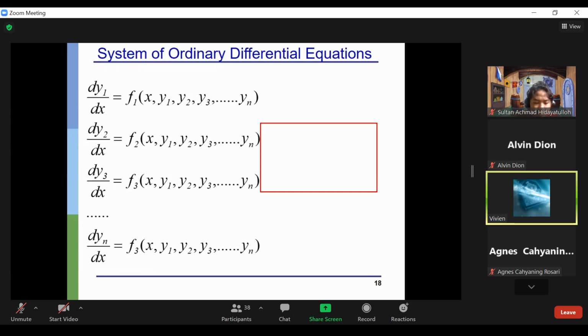Now, what if we have a system of ordinary differential equations? Before, we learned about a system of linear algebraic equations. Now, for example, we have several ODEs to find the values of y1 up to yn.